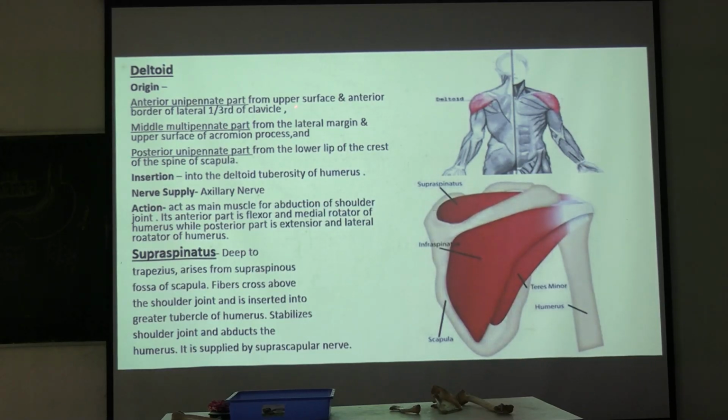It has an anterior unipinnate part from the upper surface and anterior border of the lateral third of the clavicle; middle fibers, or multipinnate fibers, from the lateral margin and upper surface of the acromion process; and a posterior unipinnate part from the lower lip of the crest of the spine of the scapula. These together form the muscle belly, inserted into the deltoid tuberosity of the humerus here.